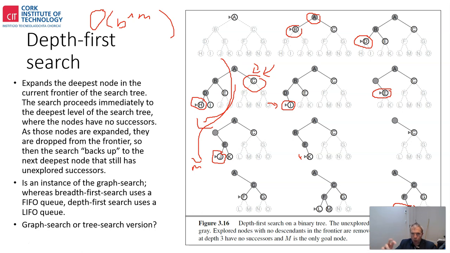So that one variant will provide us with gains in terms of memory required, while the graph search version would not. Once a node has been explored, it can be removed from memory as soon as all its descendants have been fully explored.